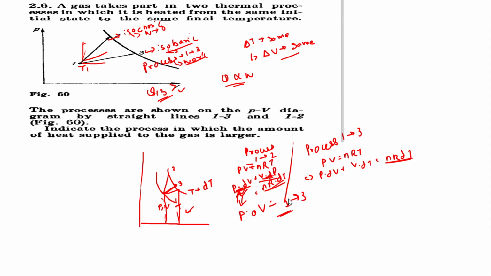I hope this makes it clear. Now I'm concluding it again. We assume it to be a more general case, and we see that process 1 to 3 is tending more towards the isobaric side. And for process 1 to 2, this is tending more towards the isochoric side. We're not given a particular angle theta or something, so we can adjust slightly.